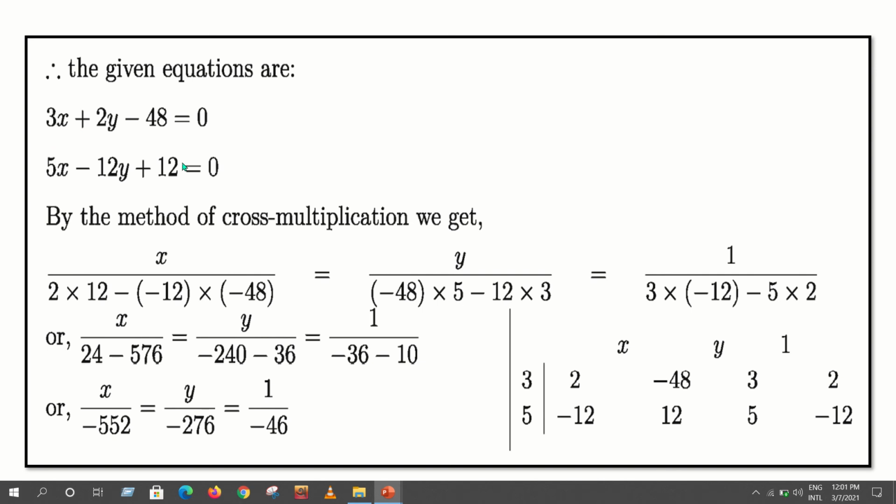This, then 12 into 3, and here the minus of formula equal to constant term divided by 3 into minus 12 minus 5 into 2. Now calculate, we'll get x divided by minus 552, y divided by minus 276, and here 1 divided by minus 46.